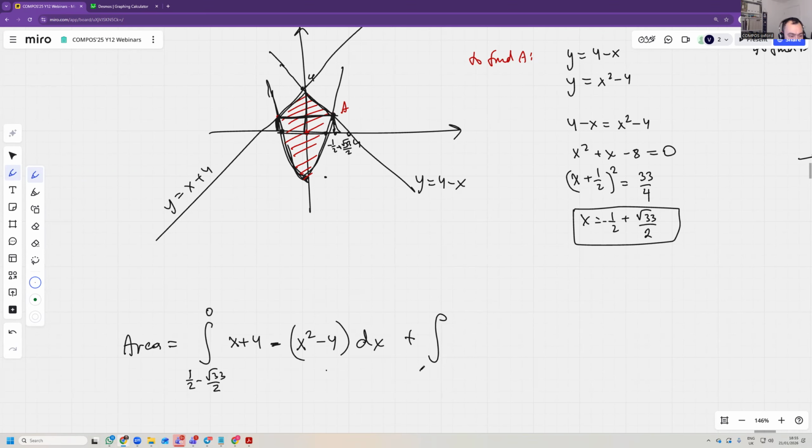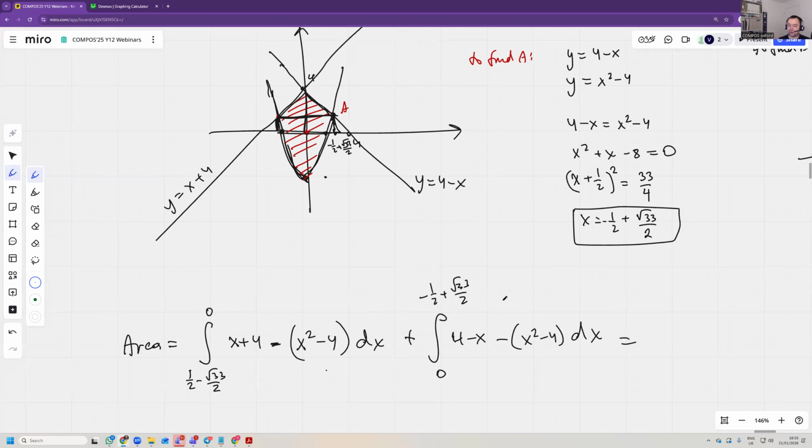So vice versa, from 0 to minus a half plus root 33 over 2, and then 4 minus x is the top curve, minus the lower curve, which is x squared minus 4 dx.